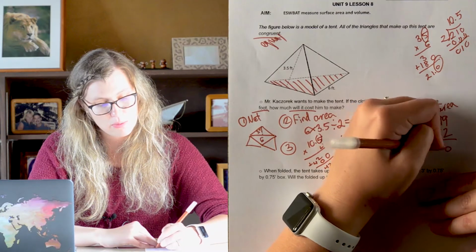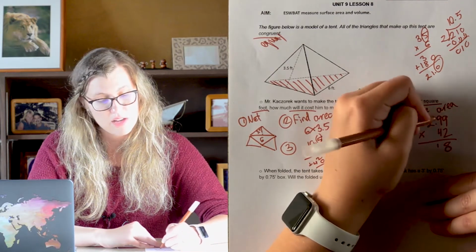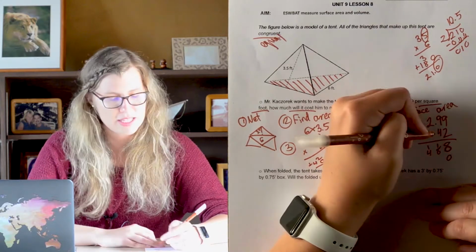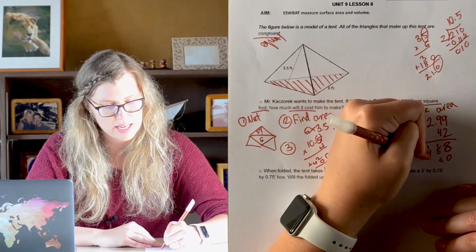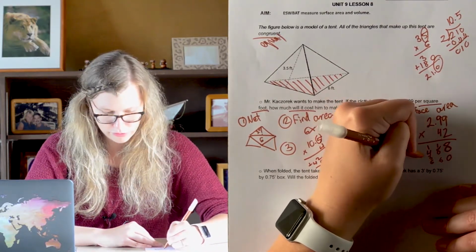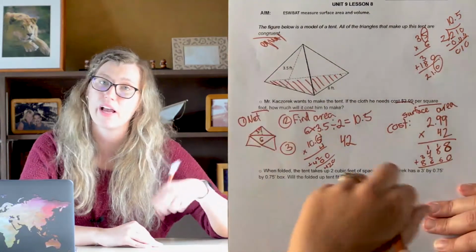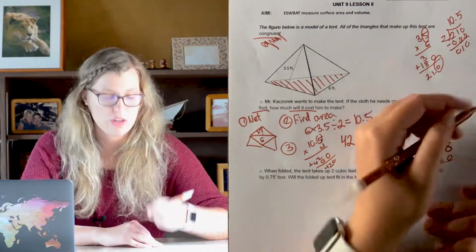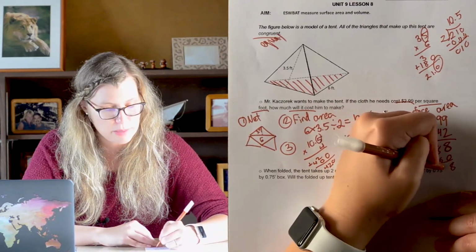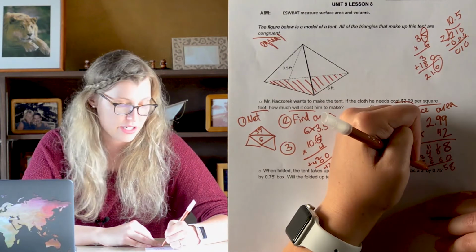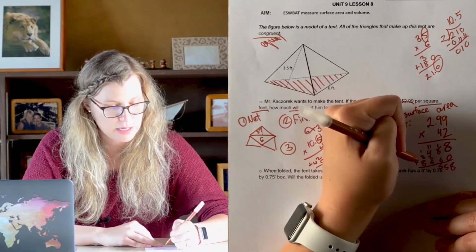And if you would like, this should be an 8. If you would like to use a calculator, I'm okay with that. You can use a calculator for these types of problems. What I really want to know is, can you find surface area or volume? You do not need to be perfect with the calculations because that's not really what I'm measuring right now.